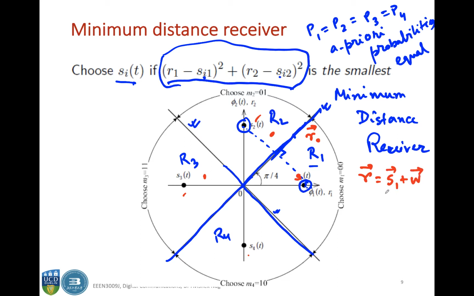So if you are transmitting S1 and noise is getting added to it, and if your noise is low enough, then after getting added to S1, your received signal might fall within the close proximity of S1.